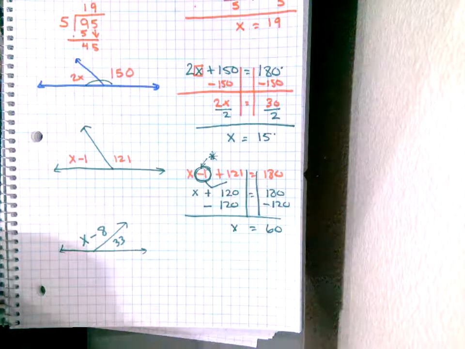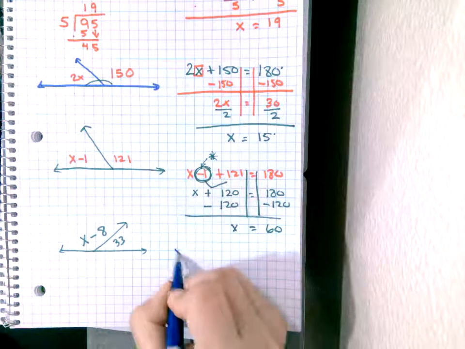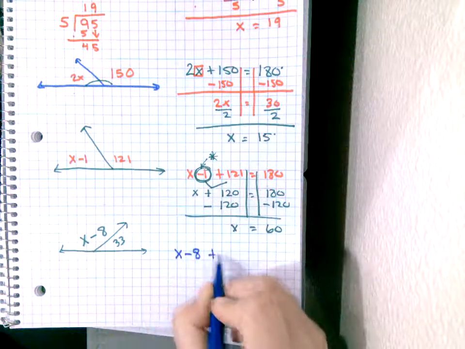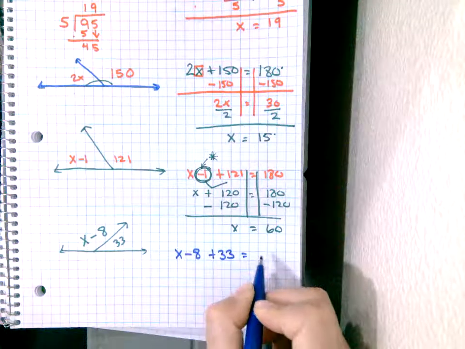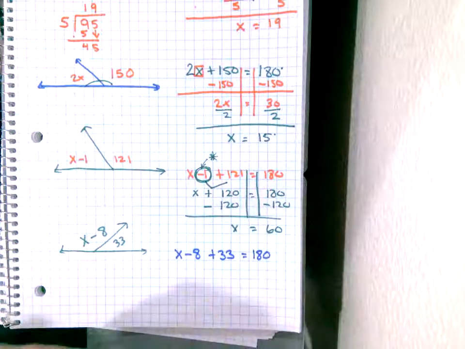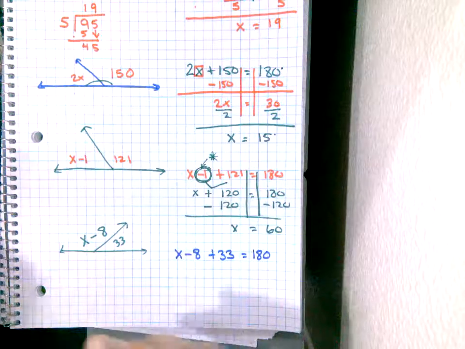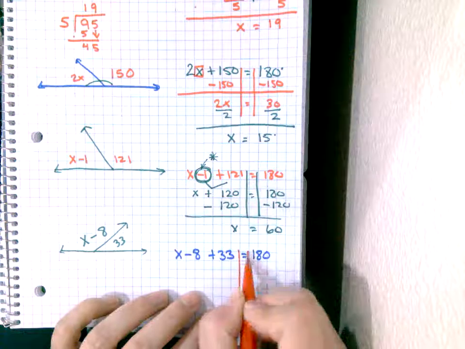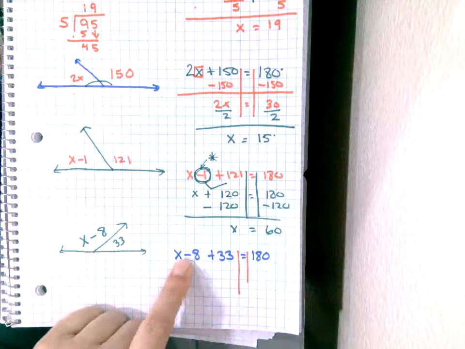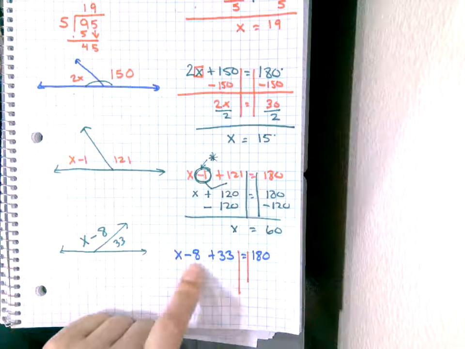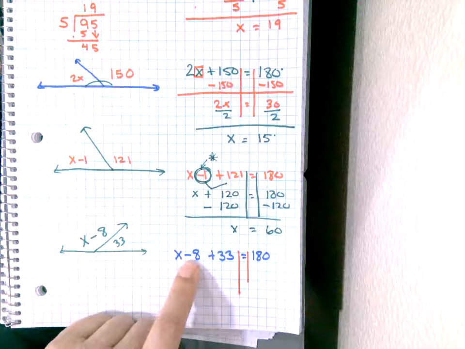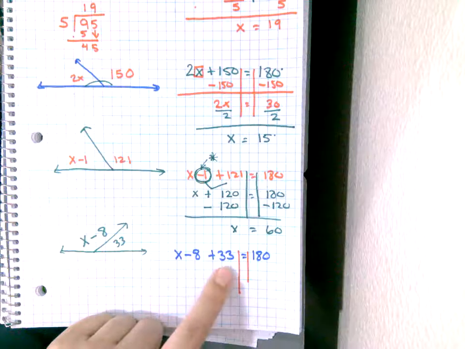All right, so x minus 8 plus 33 is equal to 180 degrees, right? If it had a plus sign right there, yeah, totally add them together. But because it has a minus, you can't just add these two numbers together.